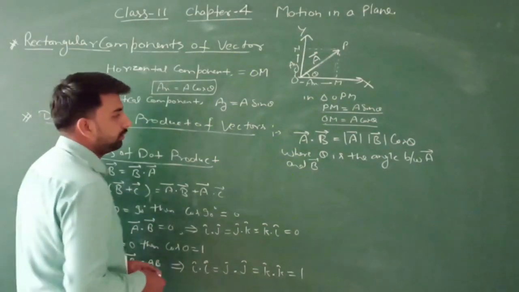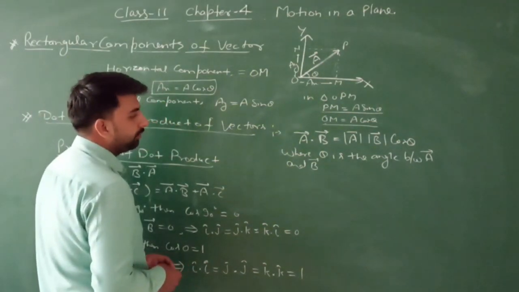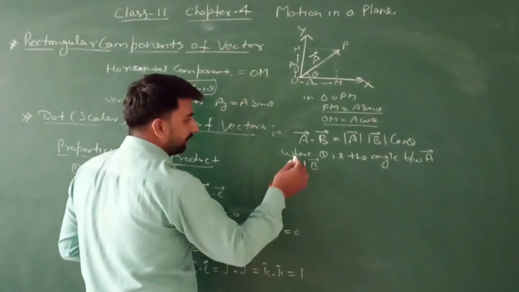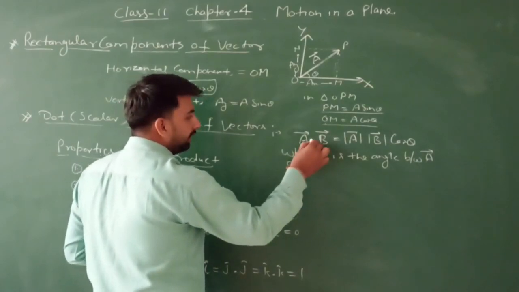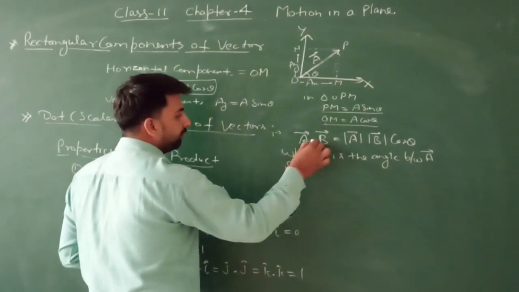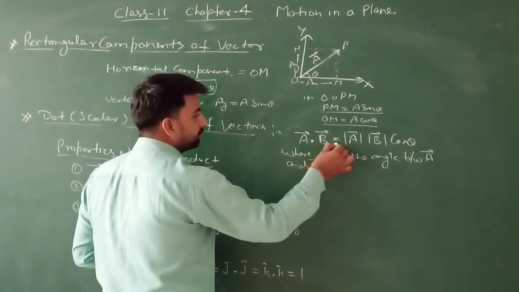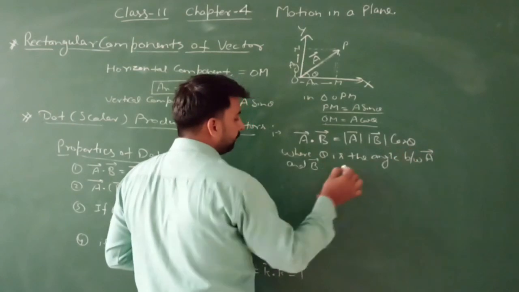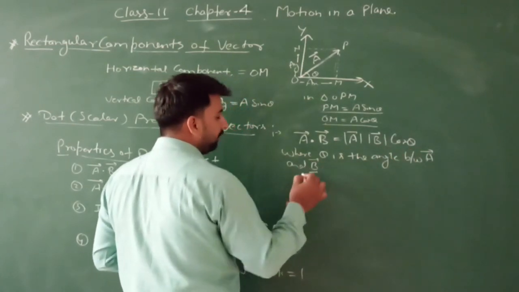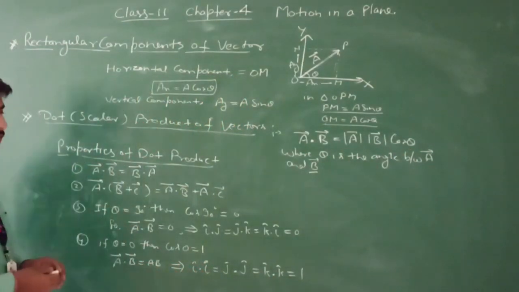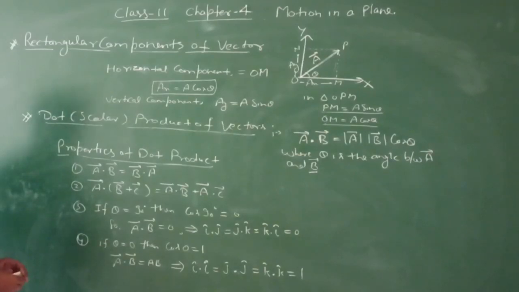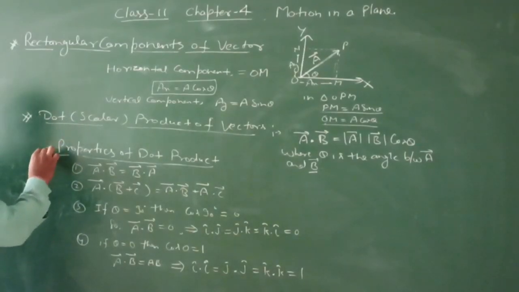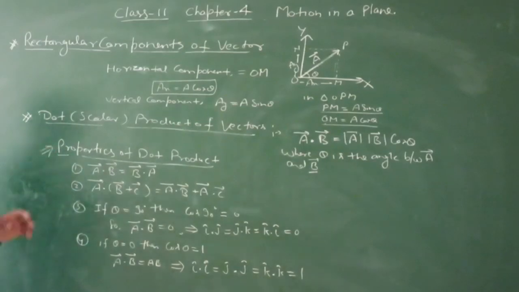We can represent it as follows: if we have two vectors A and B, then the dot product A dot B is equal to magnitude of A into magnitude of B into cos theta, where theta is the angle between vectors A and B.